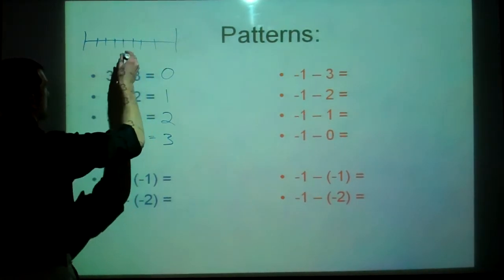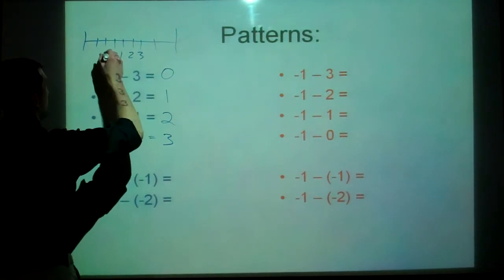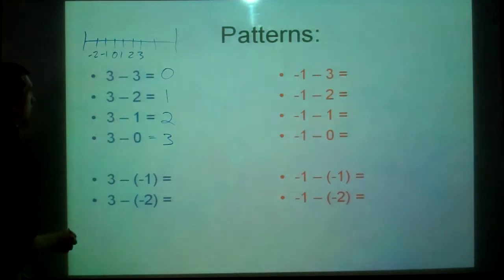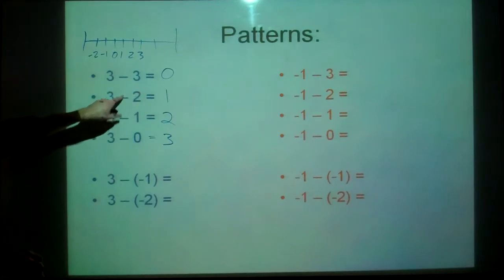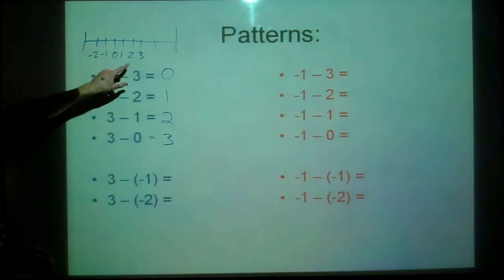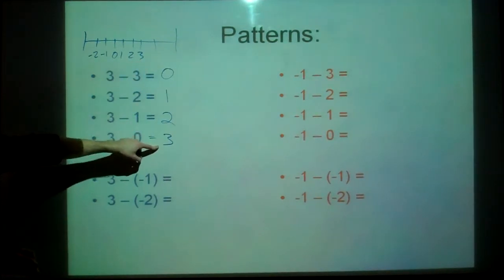Let's just say 0, right here, 1, 2, 3, -1, -2. Alright, so 3 minus 3, distance of 3 to 3 is 0. 3 and 2, they are 1 unit apart. 3 and 1, 2 units apart. 3 and 0, 3 units apart.